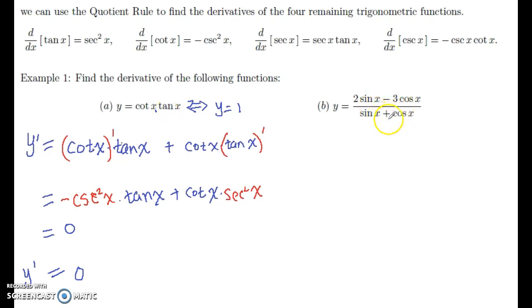Part B, we don't see immediate simplification, so we just take the derivative using the quotient rule. So y prime equals a fraction. According to the quotient rule, you take the derivative of the numerator, which is 2 cosine of x plus 3 sine of x, because the derivative of cosine x is negative sine, and negative became positive.